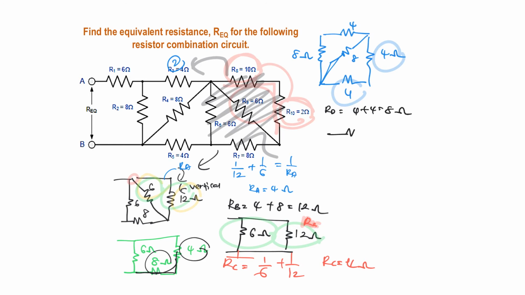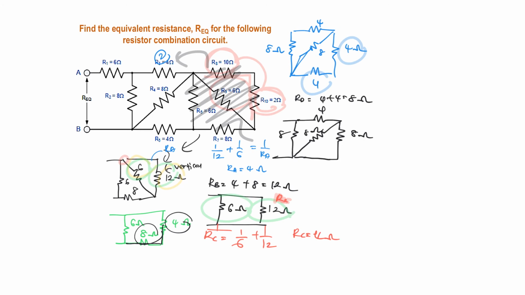Once you're done, arrange this in vertical position. So you're only left with this and this. This one is going to be 8, this one 8, this one 4, and this one 8.